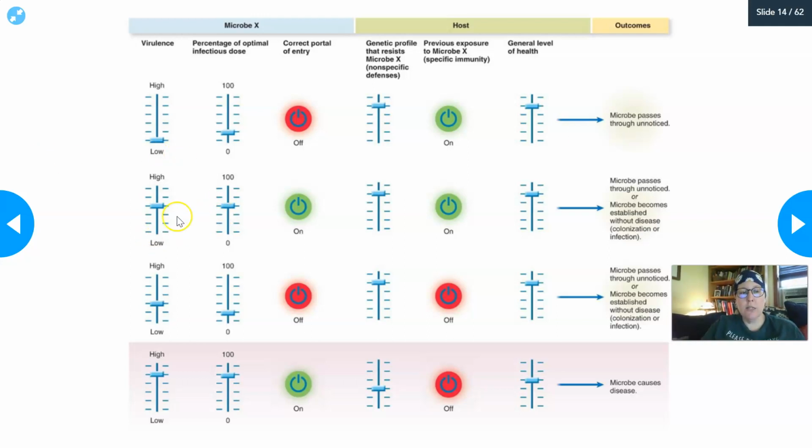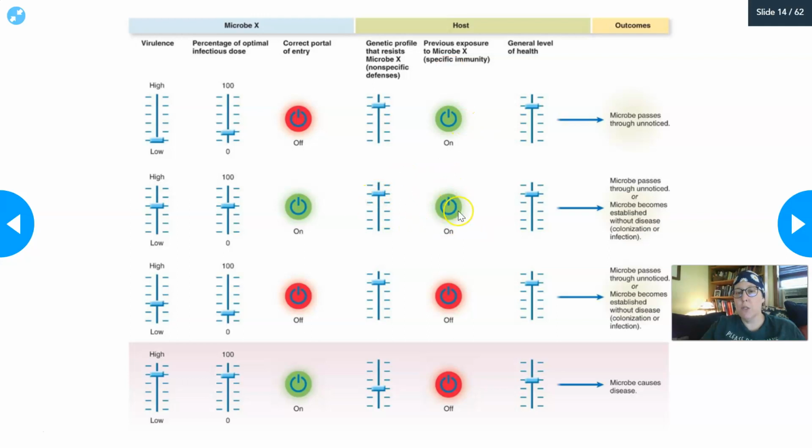Okay, so now let's look at something. Virulence a little bit higher. You get a bigger dose of it, and it's the correct portal of entry. So maybe for our coronavirus, you got exposed to somebody that either coughed or talked or something, and you didn't have a mask on or whatever, and you breathed it in. But you have a good immune system.